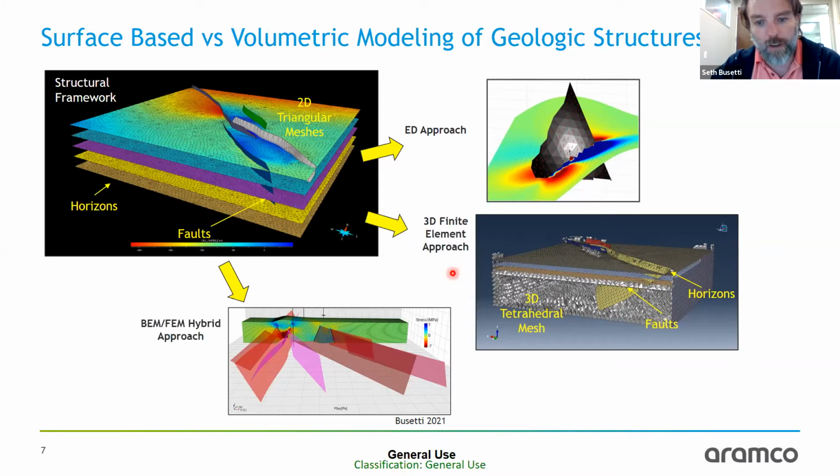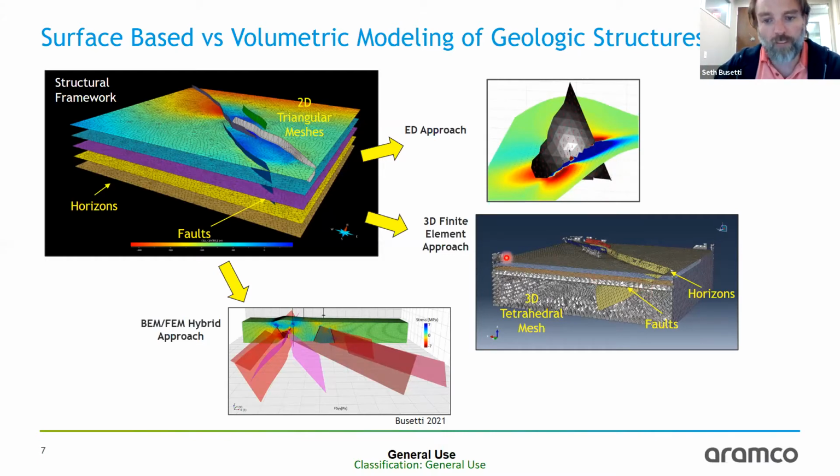The next option that I'll show is the 3D finite element approach. In this case, we take the structural framework and we actually mesh everything in between, and we mesh the extremities, so the boundaries of this, where in this case, I'm showing a 3D tetrahedral mesh that is explicitly mapped to all of these surfaces and horizons. So it's a lot of work in there. I'll talk a little bit about the pros and cons of these approaches.